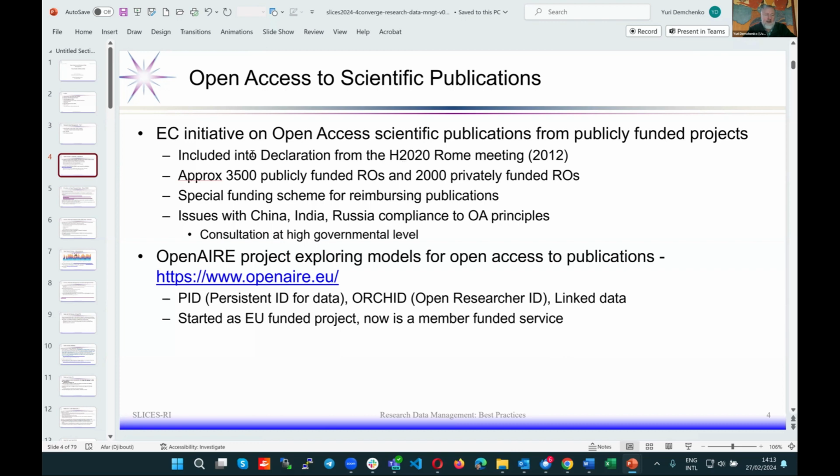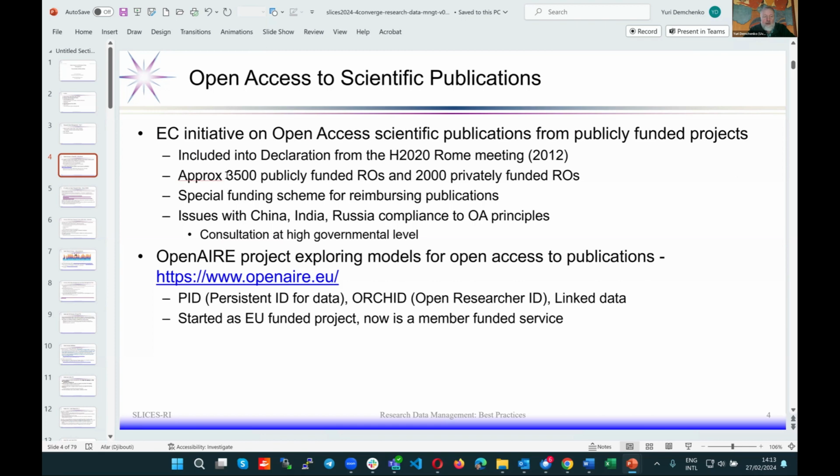And what is interesting is that by strange coincidence, I was at a meeting in 2012 in Rome, when the Commission representatives seriously decided and outlined their plan to introduce open access. And since that, everything almost started.